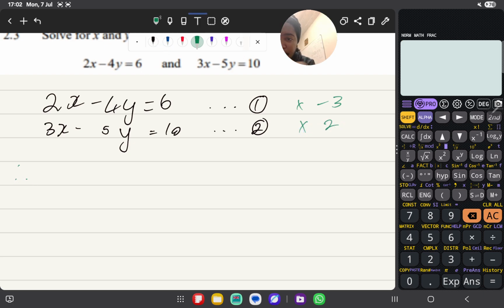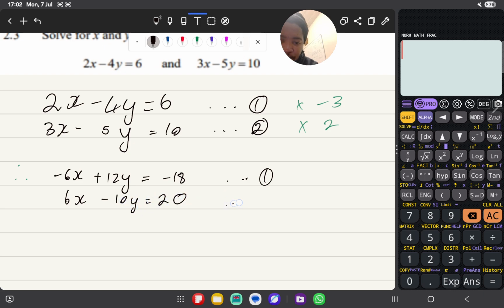Therefore you have minus 6x plus 12y equals minus 18. This is equation 1. And then we have 6x minus 10y equals 20. This is equation 2.